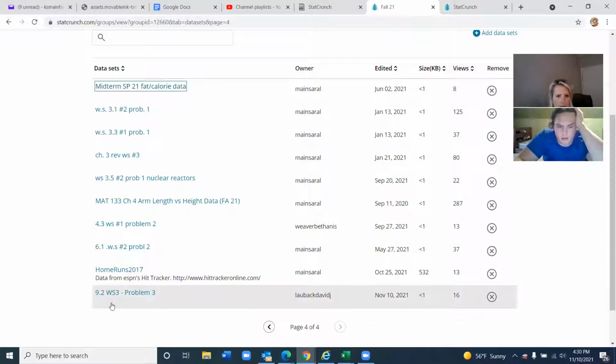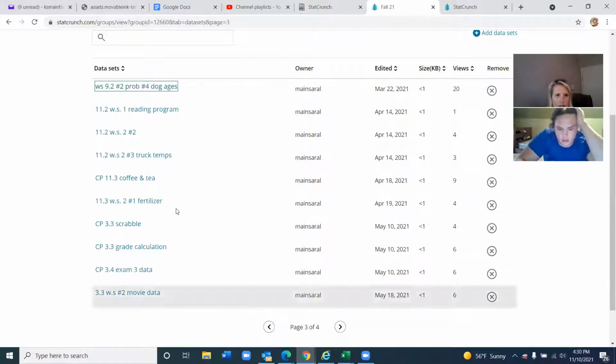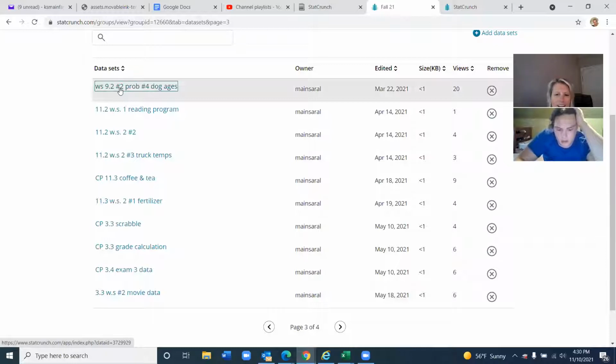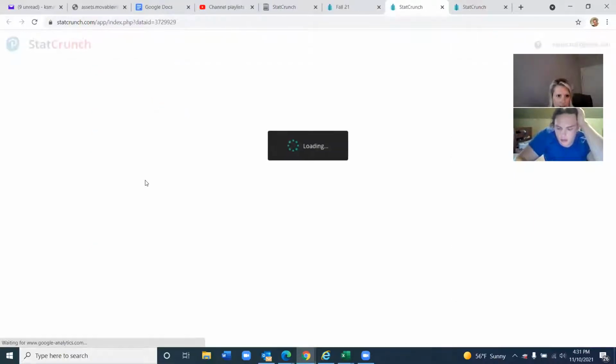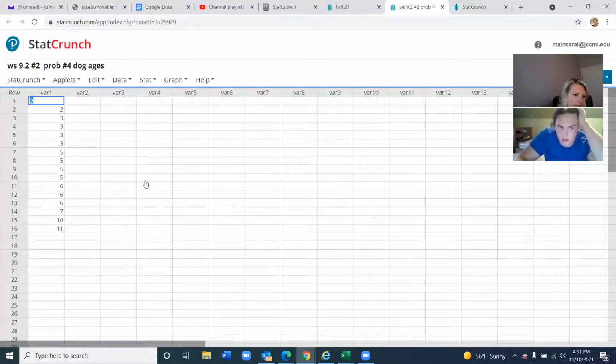Down at the bottom on page 4, 9.2 worksheet 3, problem 3. Nope, we added that one today. So it's page 3. There it is at the top of page 3. It says worksheet 9.2, number 2, problem number 4, dog ages. And it should look like this. Everybody in agreement with me on that?